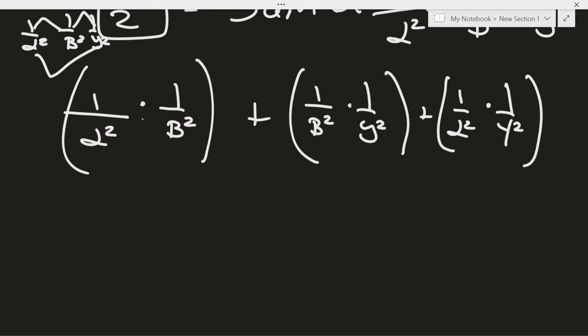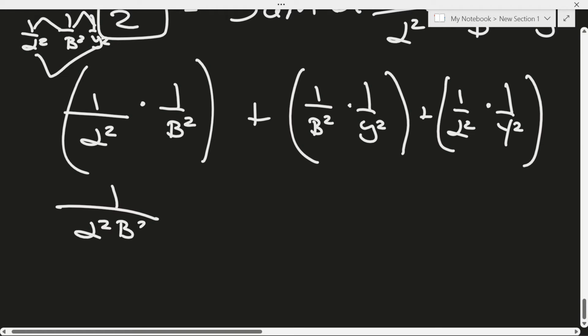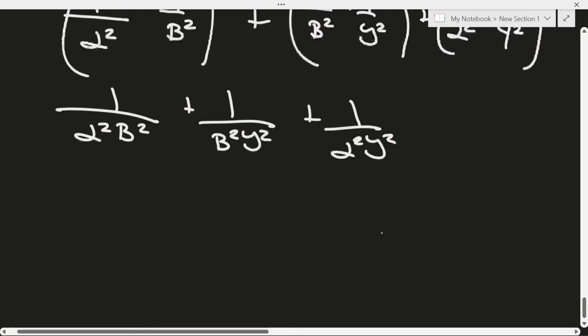So this is the same thing as saying 1 over alpha squared beta squared plus 1 over beta squared gamma squared plus 1 over alpha squared gamma squared, right?